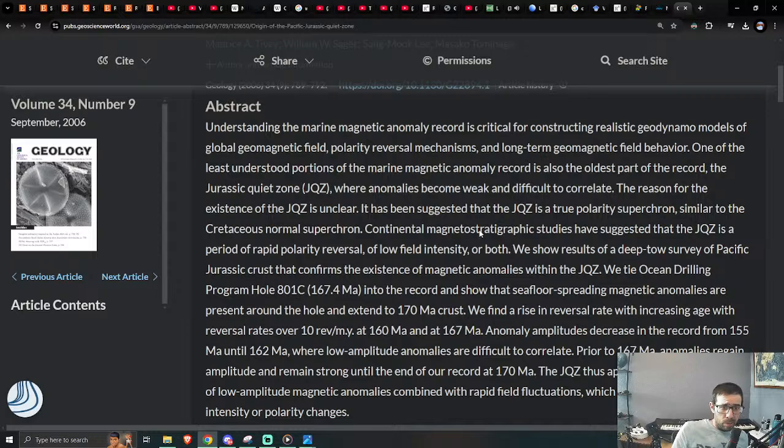Continental magnetostratigraphic studies have suggested that the Jurassic Quiet Zone is a period of rapid polarity reversal, of low field intensity, or both.